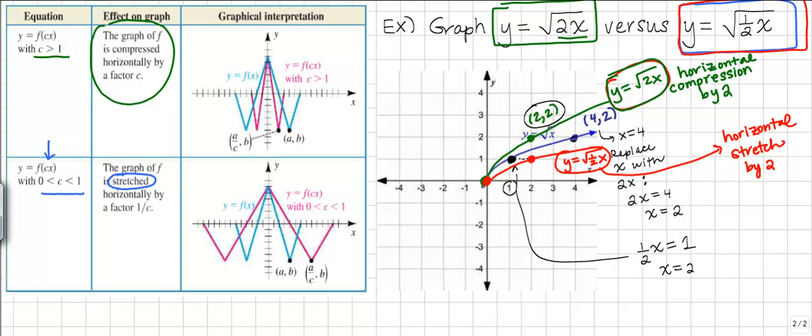And y equals square root of 1/2 x means that you have a horizontal stretch by 2 units, meaning the x equals 1 got multiplied by 2 and became x equals 2. Now, since this is a little more involved, I'll create another video with some examples illustrating these techniques with specific problems.